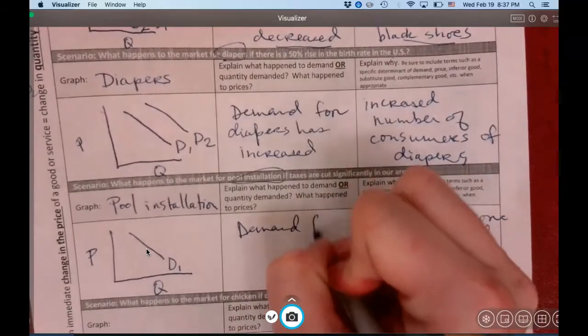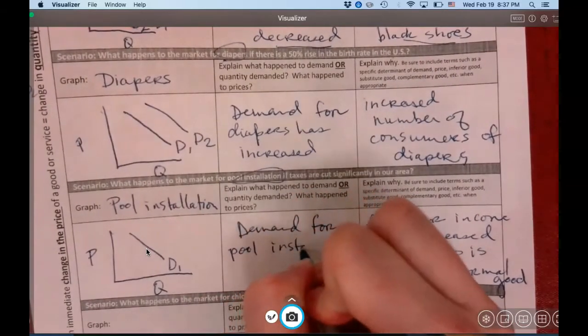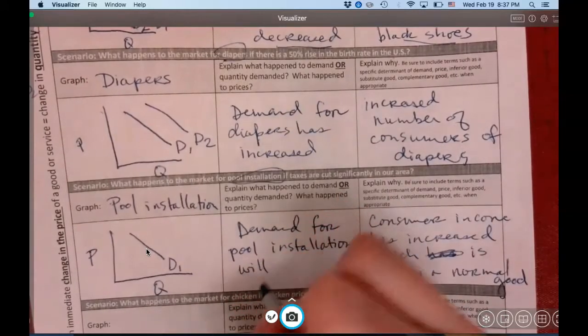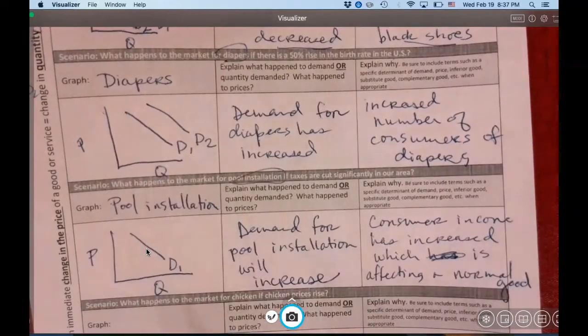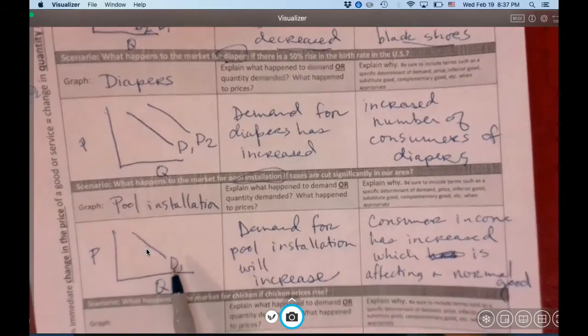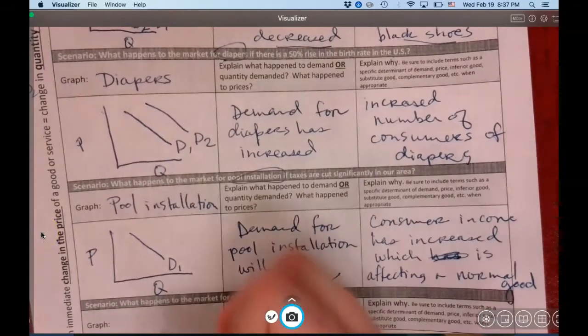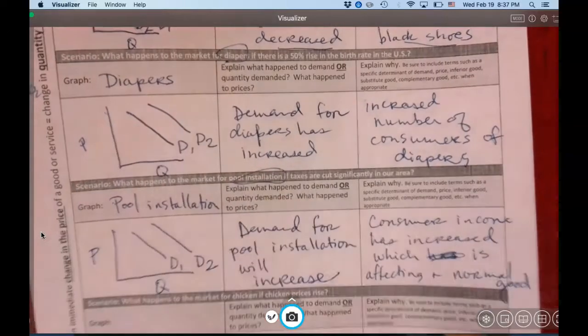Demand for pool installation increase. All right, and so do we see a shift to the right or to the left here? See a shift to the right. Okay.